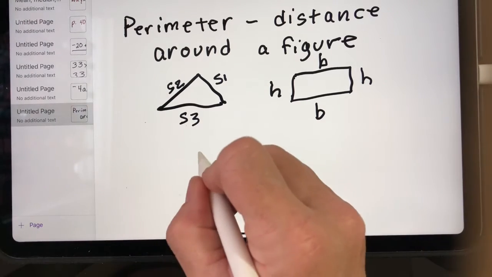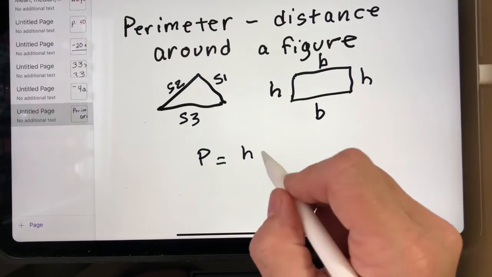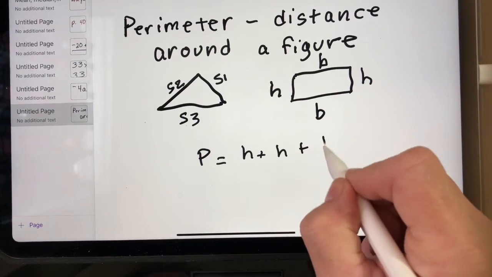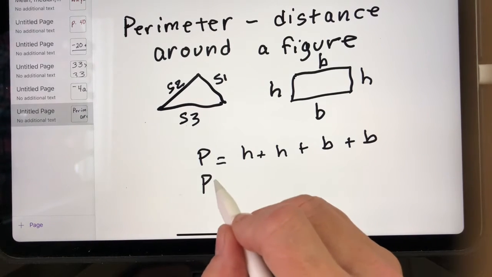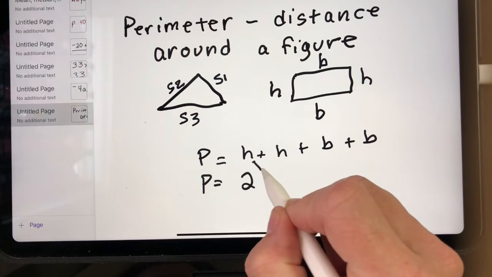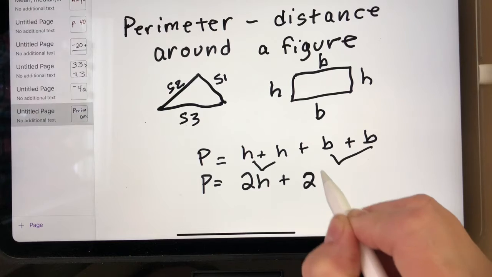So my perimeter would be H plus B plus B, right? I could also write that as P equals 2H plus 2B.